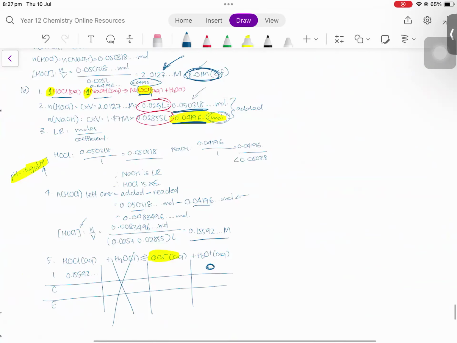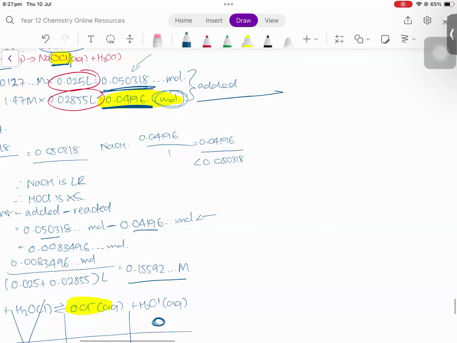So we are going to have to segue out this way just a little bit. Your moles of OCl minus is your moles of NaOCl, is the 0.04196. That's the moles of the limiting reagent, NaOH. The reason we're doing this is so that we can fill out your ice table, which doesn't take moles, it takes concentration. So I'm going to sub it in here.